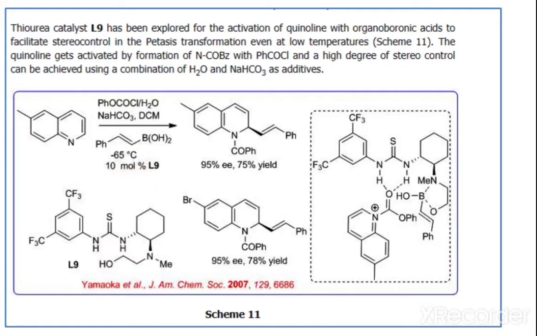Now the quinoline gets activated by the formation of N-carboxybenzyl, N-COBz, with the benzoyl chloride PhCOCl. The high degree of stereocontrol can be achieved using the combination of H2O and NaHCO3 as the additive. That means by using the NaHCO3 additive, it activates the high degree of stereocontrol.